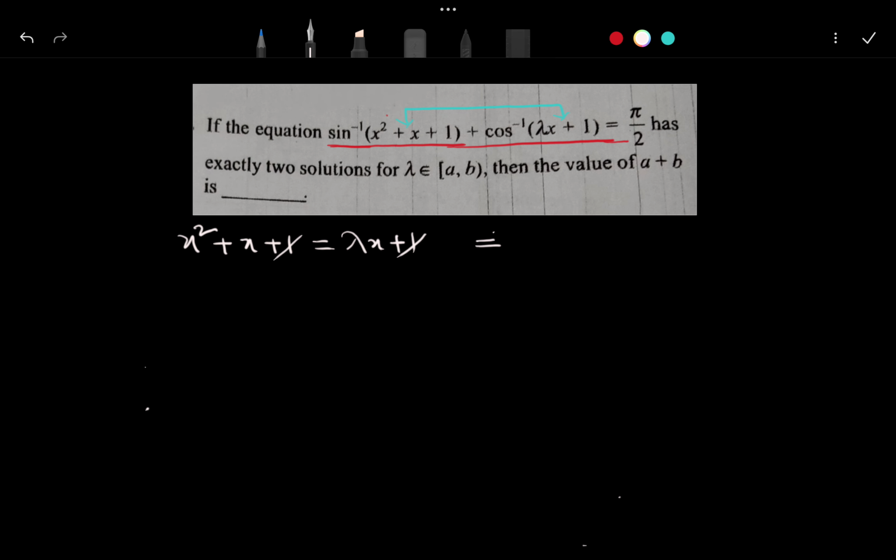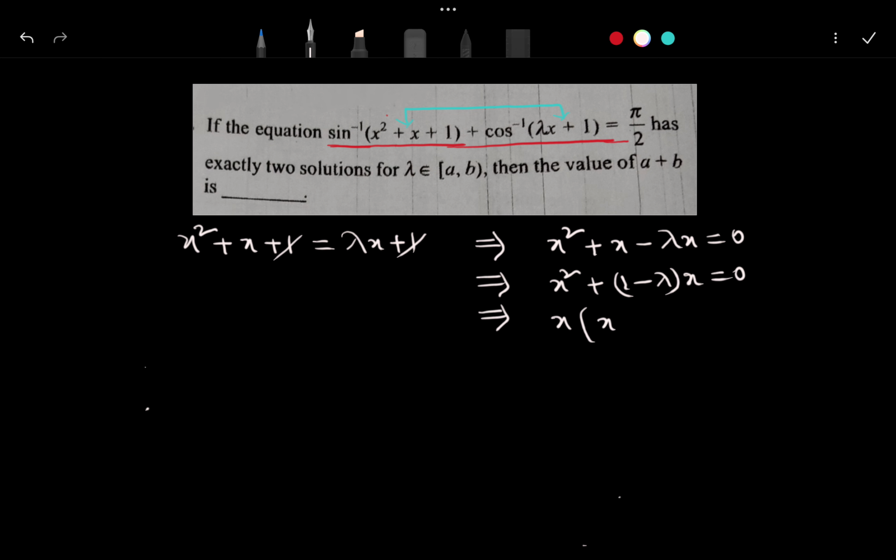From this we can write that x square plus x minus lambda into x is equal to 0. So x square plus (1 minus lambda) into x is equal to 0. From this, x into (x plus 1 minus lambda) is equal to 0.